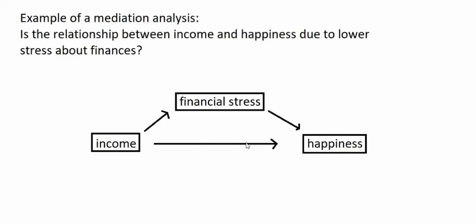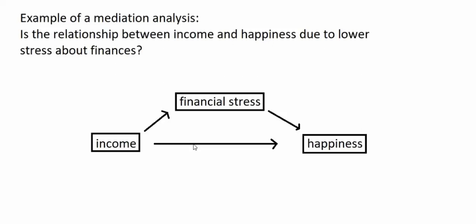But I wanted to mention that this correlation between income and happiness, the direct path, is actually a special type of correlation. When the researcher calculates that correlation, the researcher actually controls for the mediator statistically. So you can think of this bottom correlation as being the correlation between income and happiness that doesn't have anything to do with financial stress.